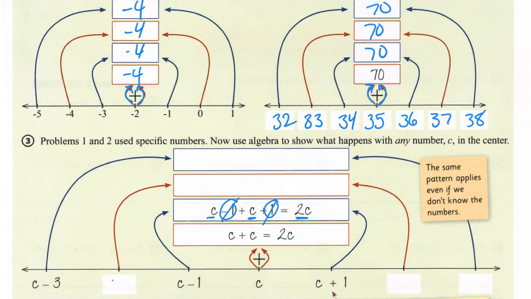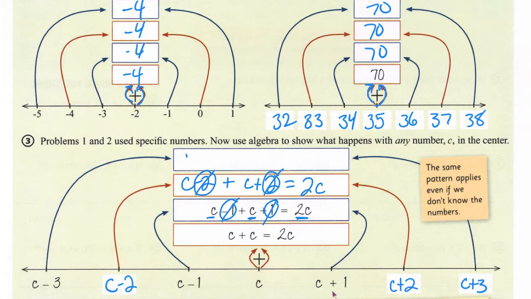So let's first fill in the rest of our number line. I have C minus 2 there on the left, and now I have C plus 2 and C plus 3 over here. And so I'm going to start with my red arrows. I have C minus 2 plus C plus 2. And again, I have a minus 2 and a plus 2. We saw with our checkers that makes 0, so we still have 2C.